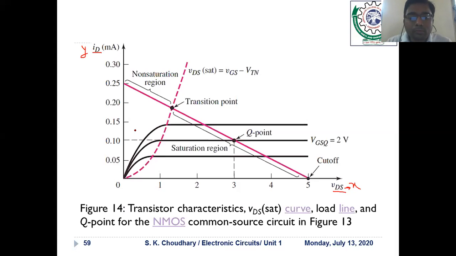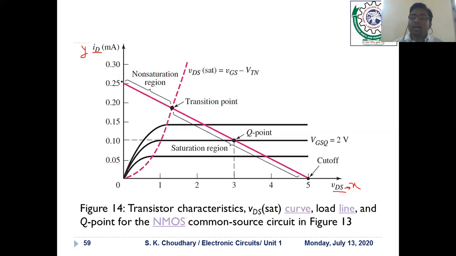Now, as per the previous equation, ID is equal to minus 1 upon RD into VDS plus VDD upon RD. So that is nothing but a straight line equation, and that straight line is the load line. We first have to define the extreme points of this load line.